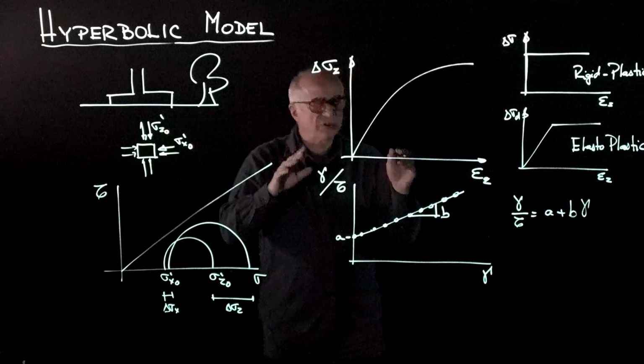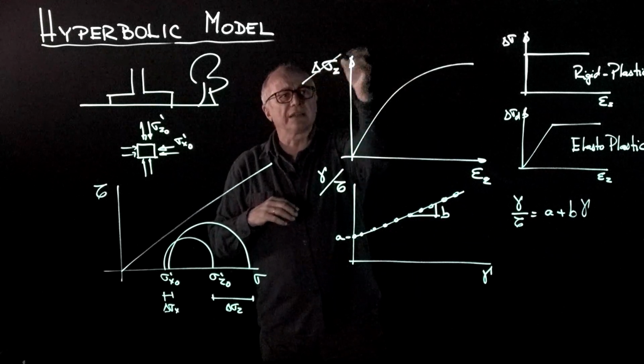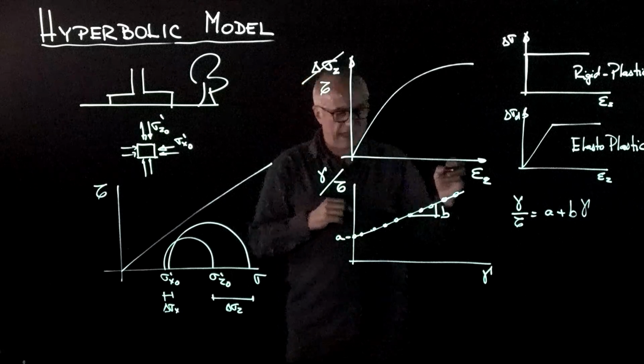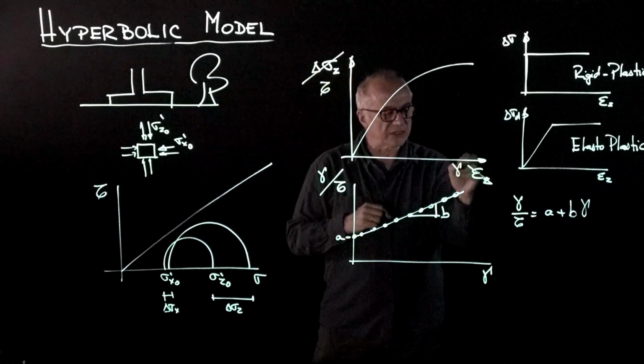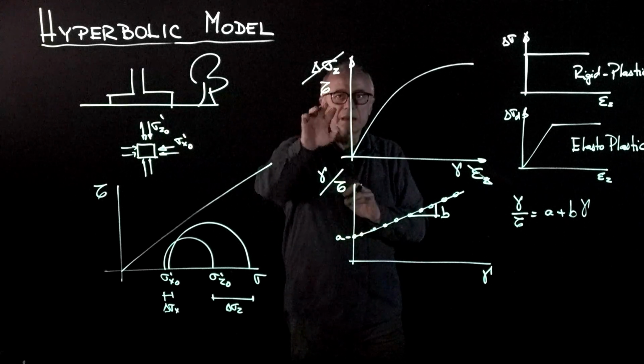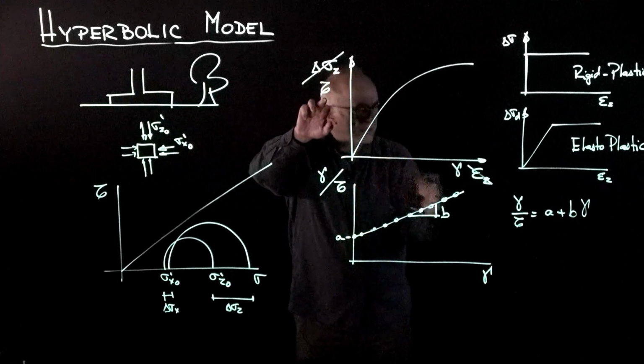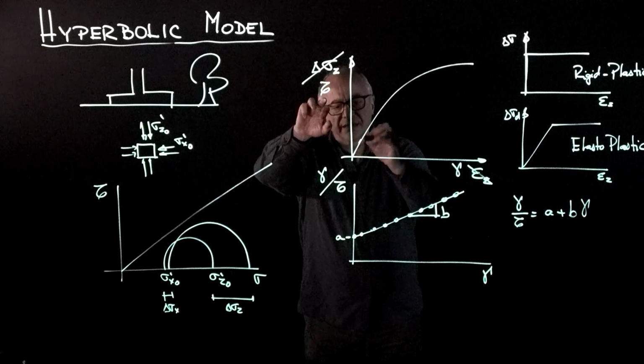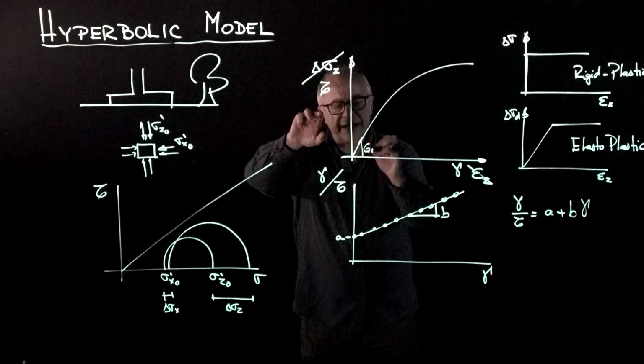So for clarity, what I'm plotting now is tau, and in this direction I'm plotting the shear strain. And so tau over gamma, when gamma is very small, is this value which we call Gmax.